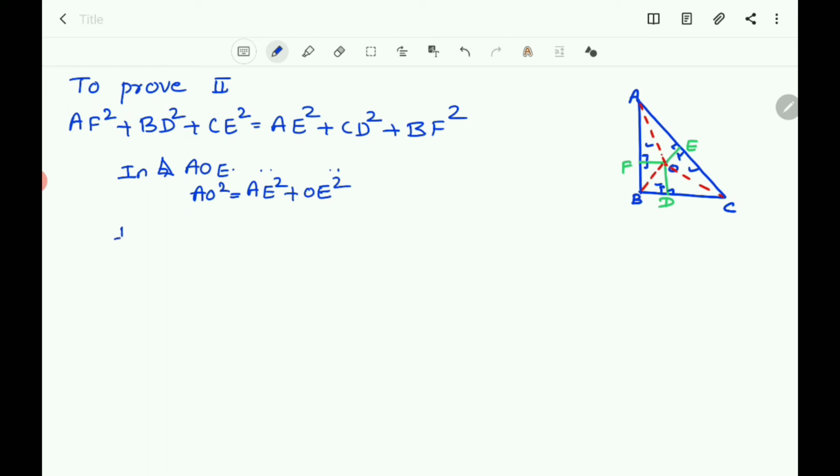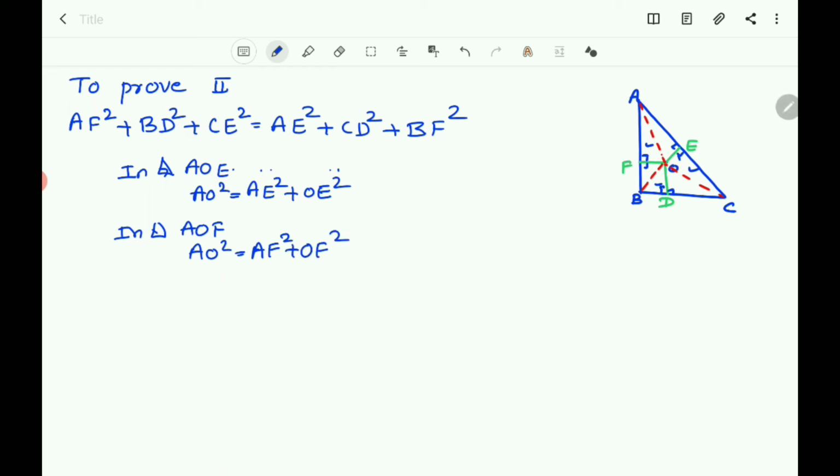And in the right angle triangle AOF with the same hypotenuse AO, again you have AO square is equal to AF square plus OF square.